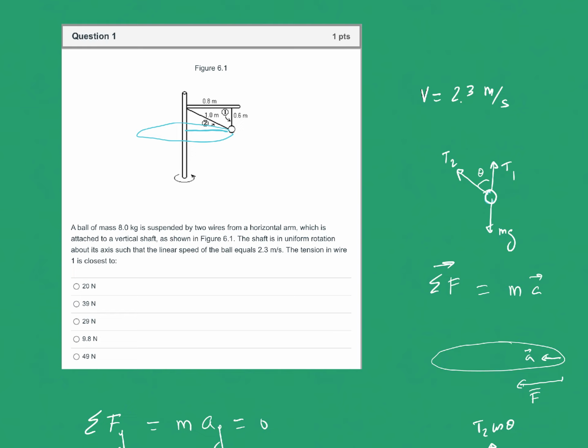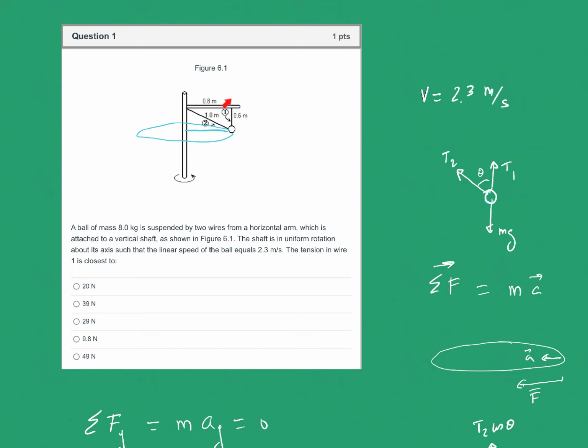No. The 3 forces, when you sum them, produce acceleration in this direction. So the total force, the sum, should be going in this direction.